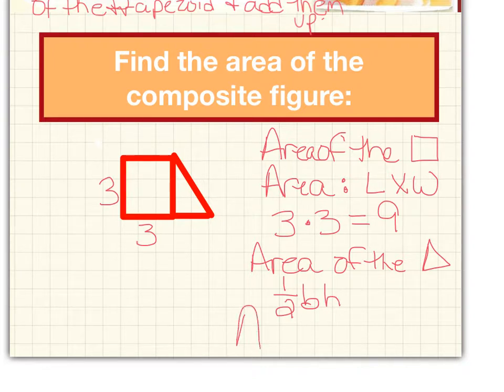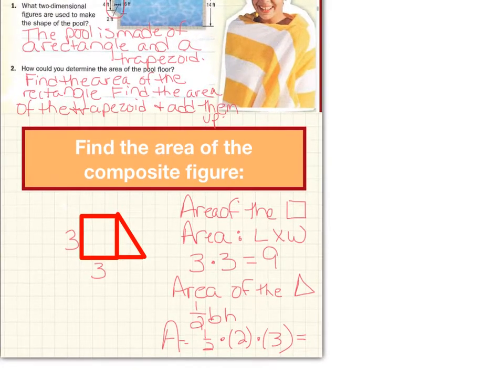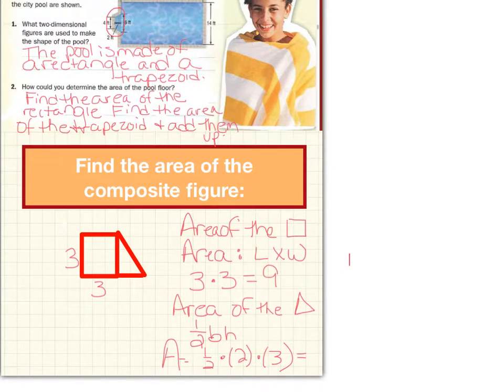So our area equals 1/2 times the base, which is 2, and the height, which is 3. So 1/2 times 6, which then equals 3.